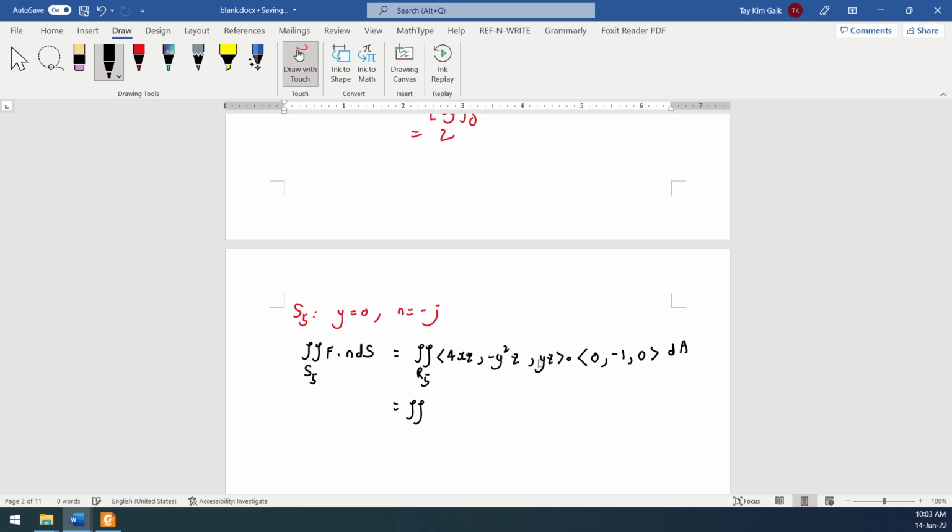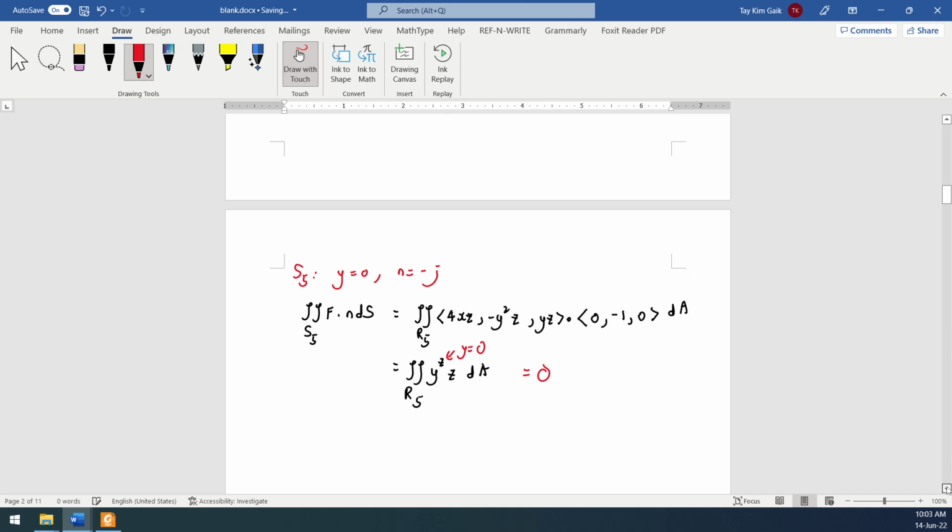So negative y squared z multiplied by negative, so it becomes y squared z dA over region R5. On surface S5, y equal to 0, because here we plug in y equal to 0. That's why the answer is 0.